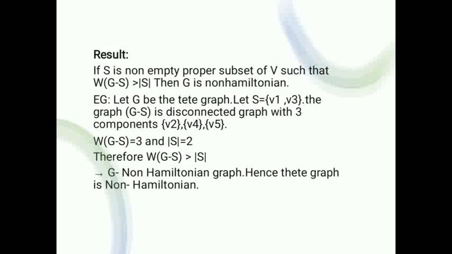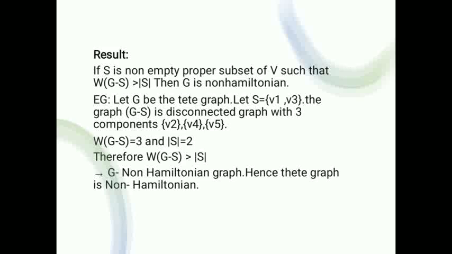Suppose G is a theta graph, and let us define S equal to V1 and V3. The graph G minus S is a disconnected graph with 3 components, V2, V4, V5. If I remove the vertices V1 and V3 from the graph G, the resultant graph becomes disconnected. So it has 3 components, the singletons V2, V4 and V5.